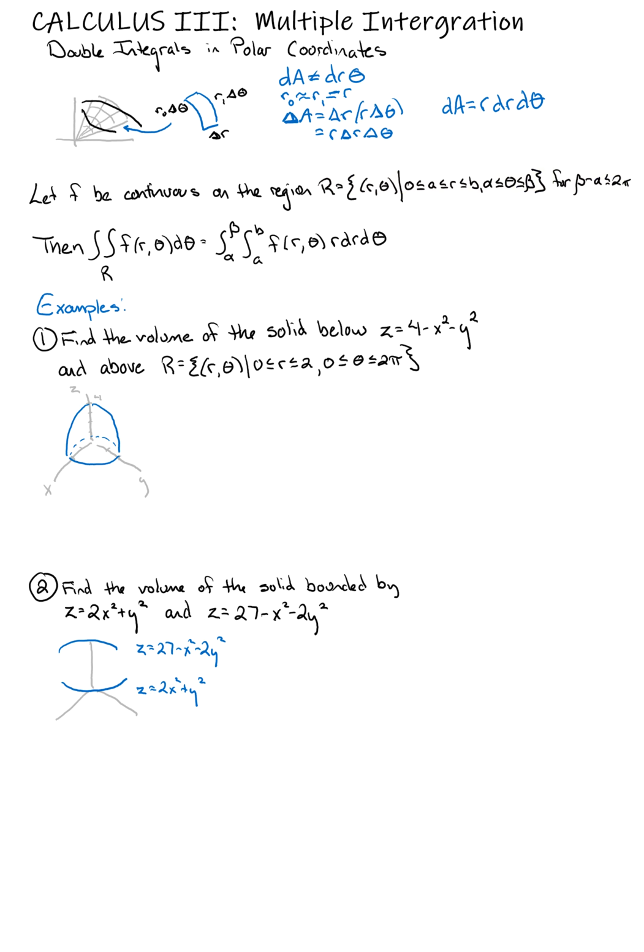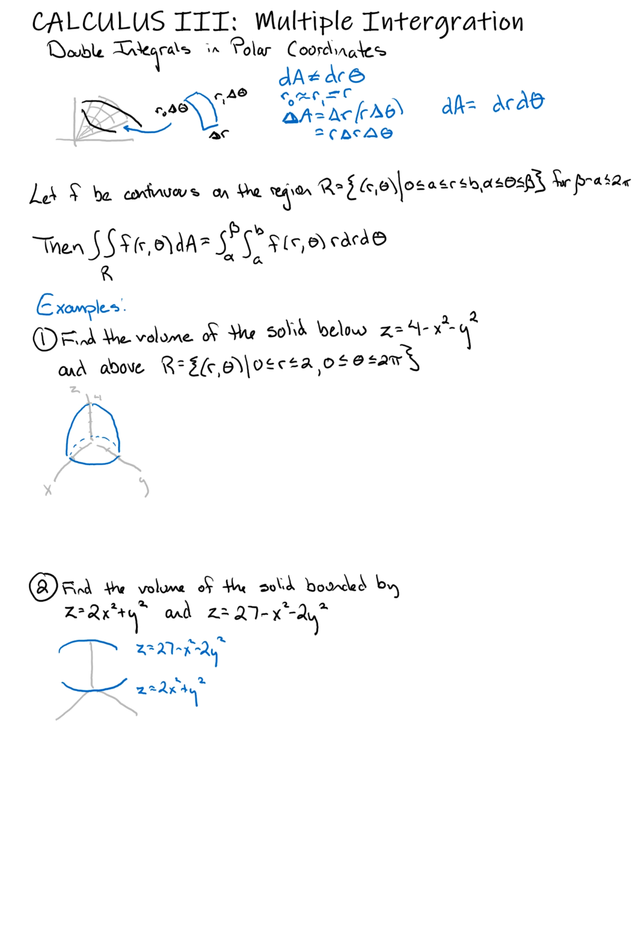So if we have a double integral over R of f, we'll simply write that as the double integral from alpha to beta, and then from a to b of f of r, theta, r dr d theta. Again, don't forget, this is r dr d theta instead of, oh dear, that should be dA back here. dA, there we go.